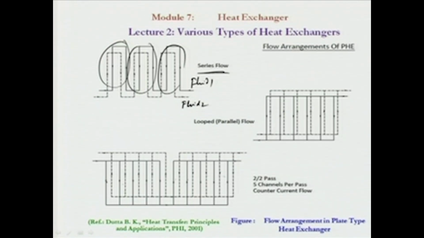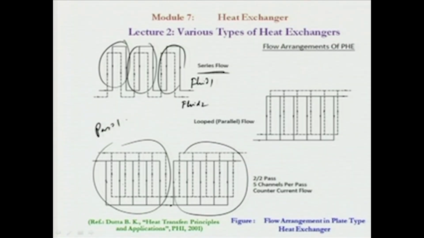Therefore it is called a 2 pass arrangement. So first it is coming like this, and then after merging here, it is again distributed. Okay. So this is the first pass. We can say pass 1, and this becomes pass 2.